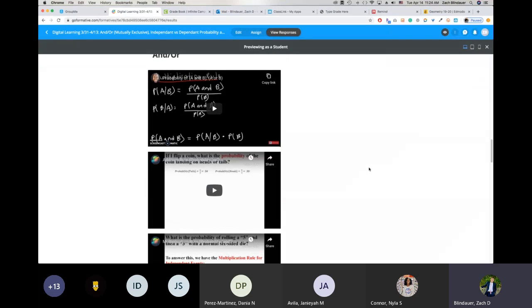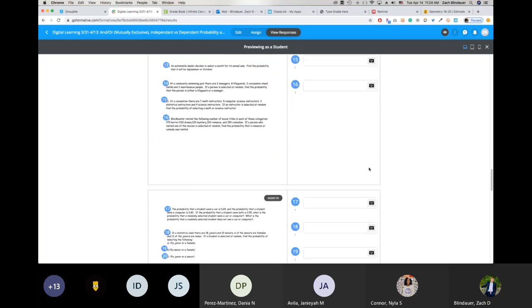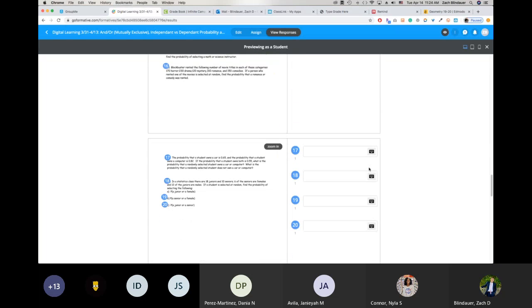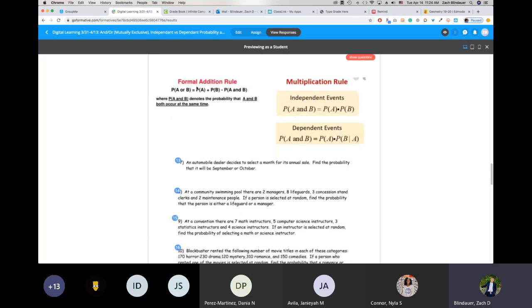And or statements. This part right here is really important. And statements: if they're independent, which means the events don't affect each other.